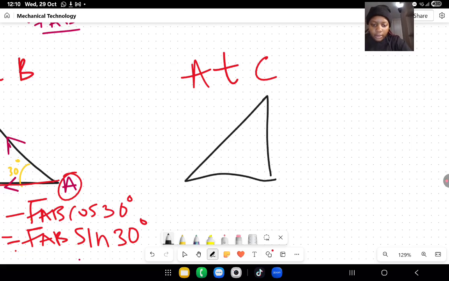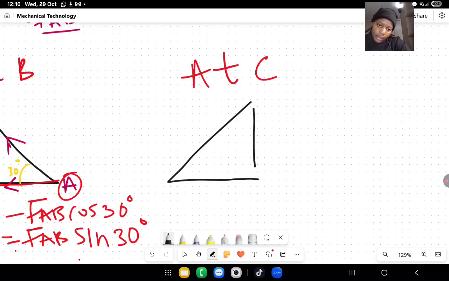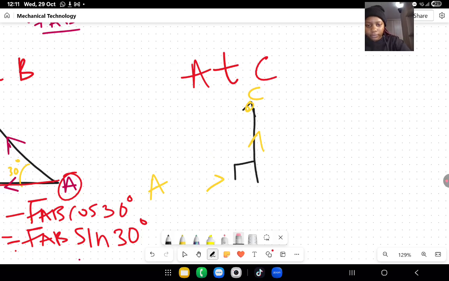This is C, this is A. This goes this side and up, then they meet here at C. Here we have something like this, which is our 5, 4, 3.